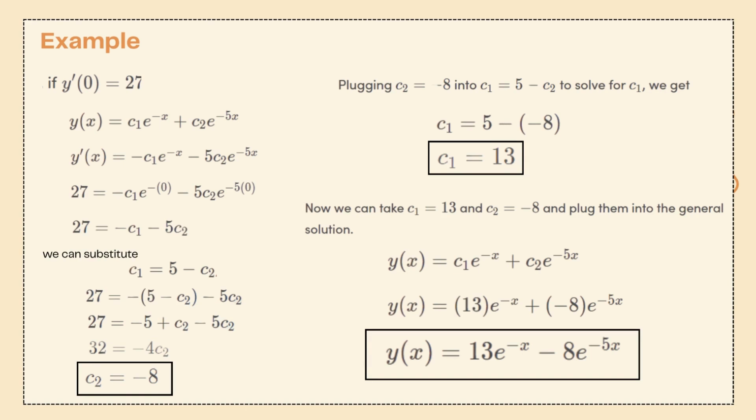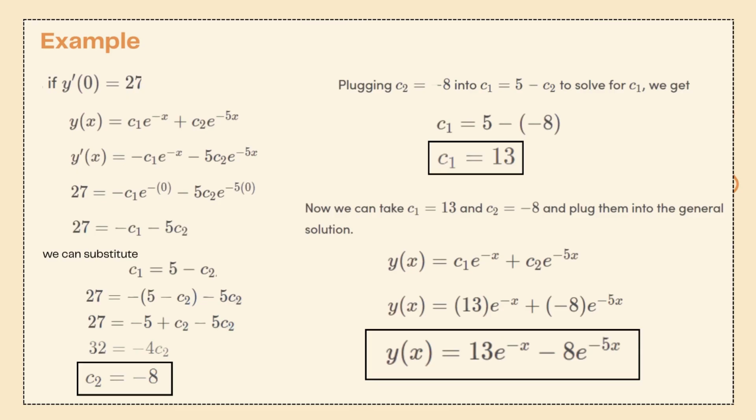So divide by negative 4 to cancel out, c sub 2 is equal to negative 8. Plugging c sub 2 is equal to negative 8 into c sub 1 is equal to 5 minus c sub 2, to solve for c sub 1, we get c sub 1 is equal to 5 minus negative 8. c sub 1 is equal to 13.